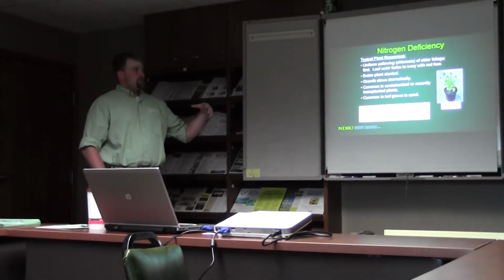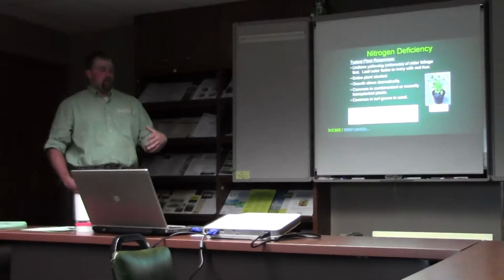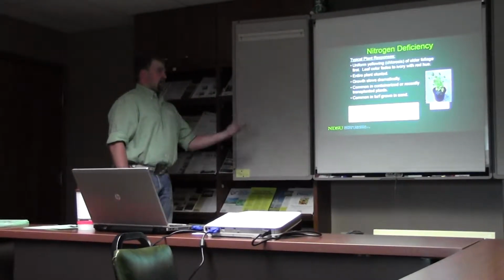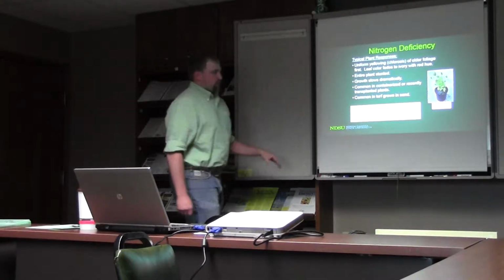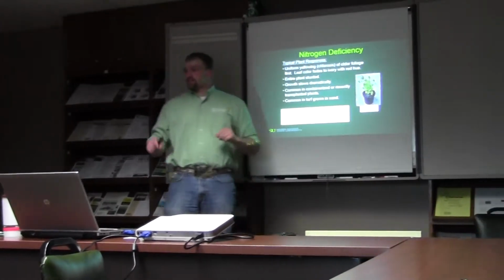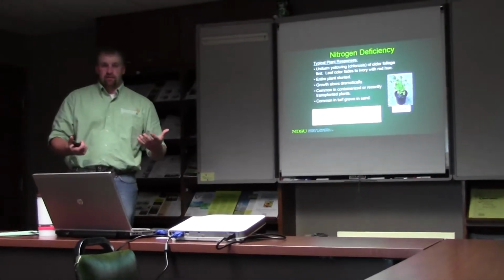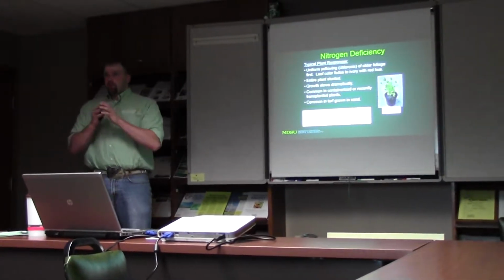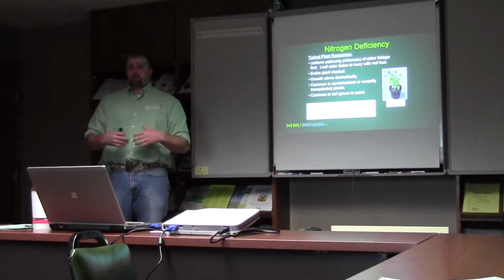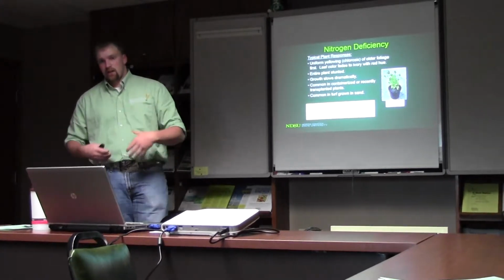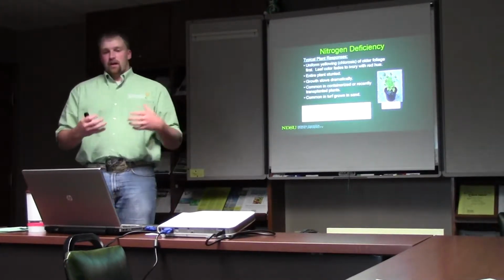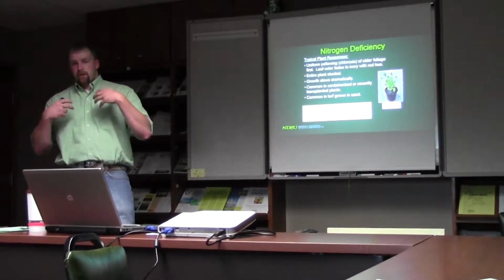So the first one that seems to be pretty common in a lot of different areas is a nitrogen deficiency. As an example, you have an azalea here, and I don't know if you guys can see it super clear on these pictures, but typically when you're looking at a nitrogen deficiency, there is a uniform yellowing of the leaf. So typically it's almost going to look more sick. The older foliage is not going to look quite as healthy.